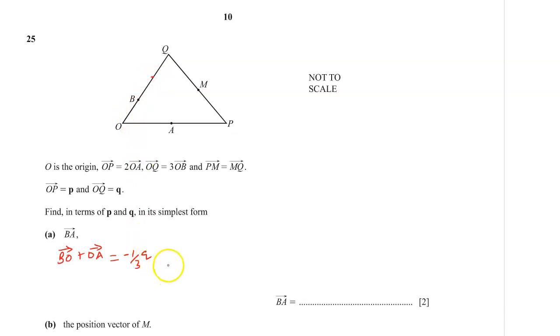So a third Q plus OA. This is a P, therefore that's a half P. Just rearrange it, so you can write a half P minus a third Q.